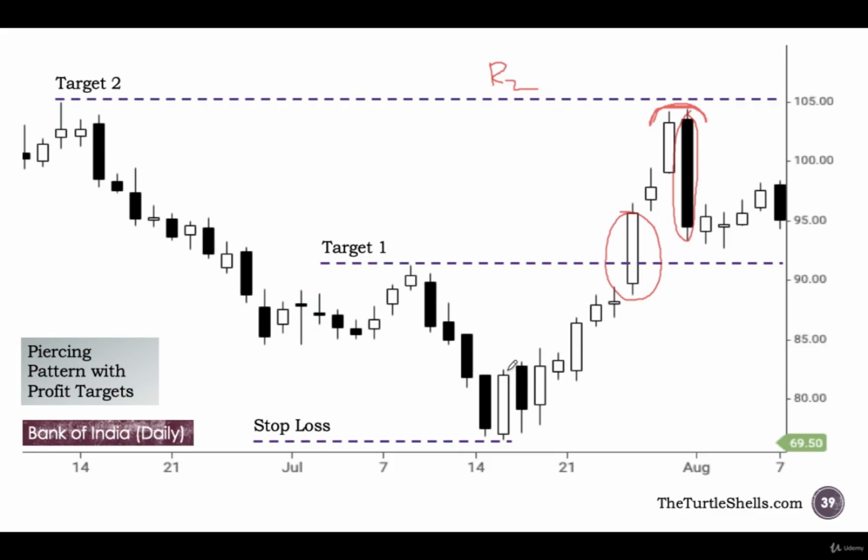So this piercing pattern trade has proved well, even though it has not confirmed any prior support area. You look at the lows of these two candles, they tried to break the support, could not touch it, nor could they close below that support line. So the low of the piercing pattern becomes a very strong support line. Okay?